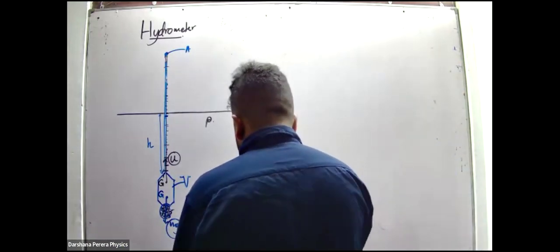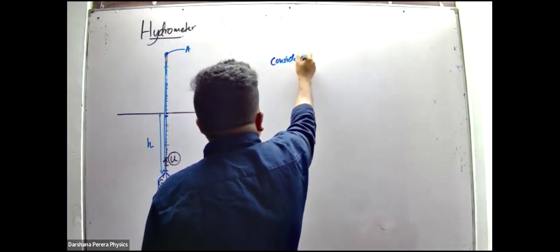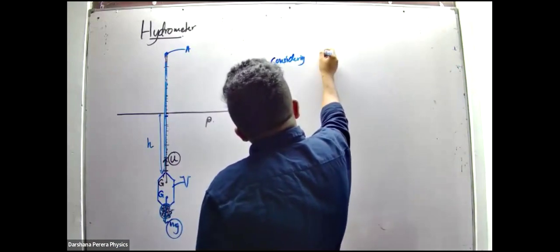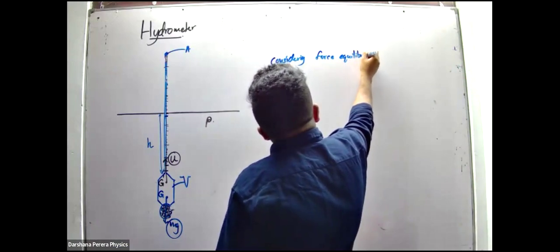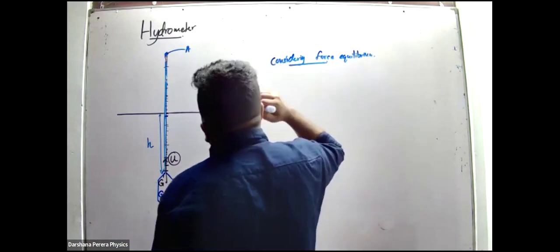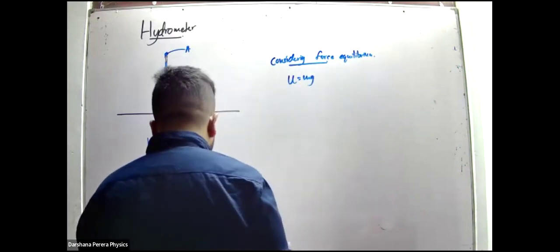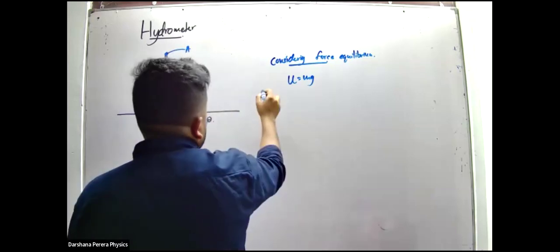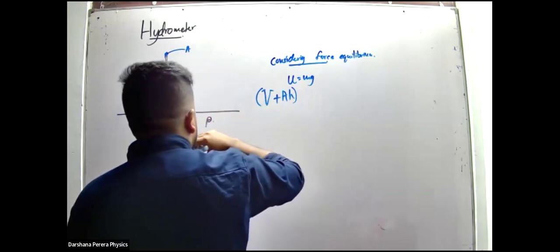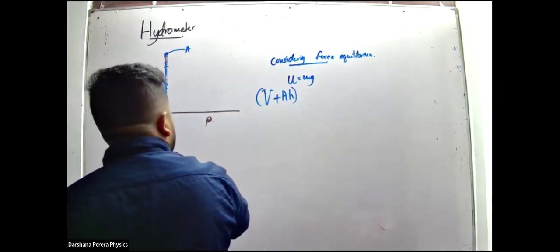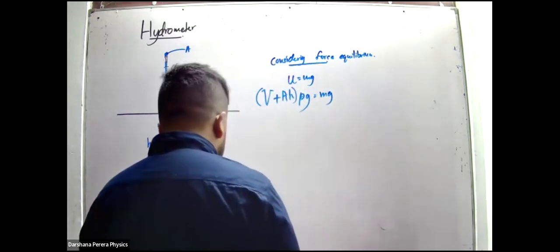So I can consider the flotation force equilibrium. U equals mg. Therefore, U is V rho g, which is A H rho g, equals mg. mg is constant.